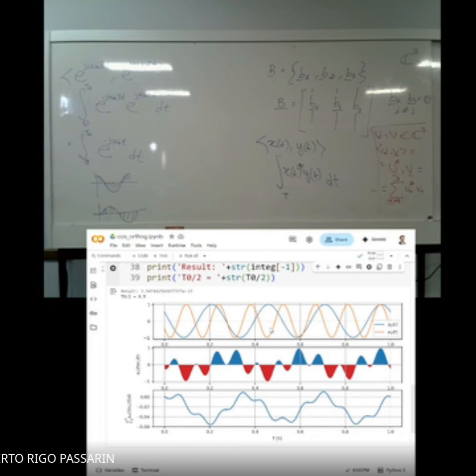So, in the end of the day, what should you remember? This set of functions, exponentials with multiples of some fundamental frequency, they are orthogonal to each other.